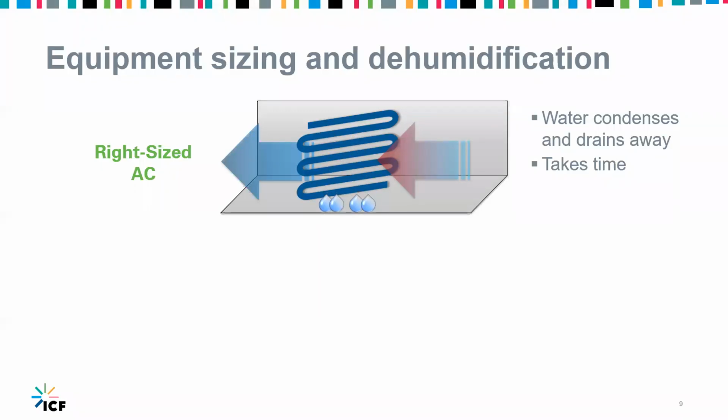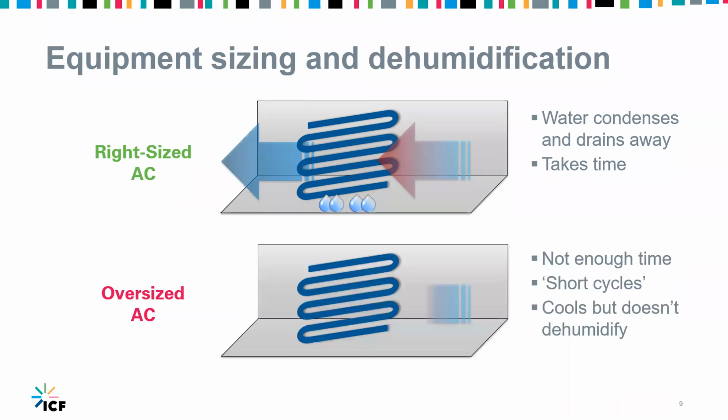That's water being removed from the air, and after 10 or 15 minutes, something like that, you get enough water where it starts to drip off the coils and drain away. So that's how your air conditioner is dehumidifying. It only works if you have enough time for that water to collect and actually drain away and drip off. If it doesn't run for long enough, it's not really dehumidifying.